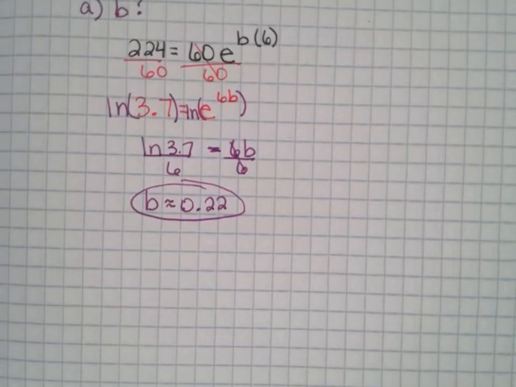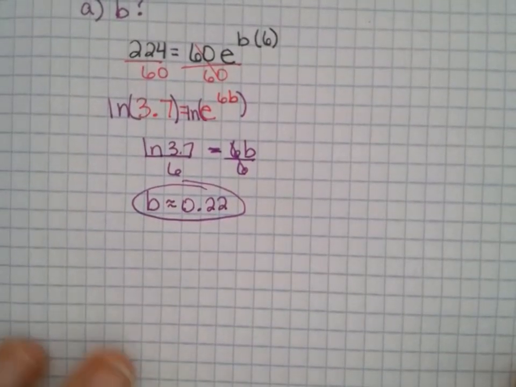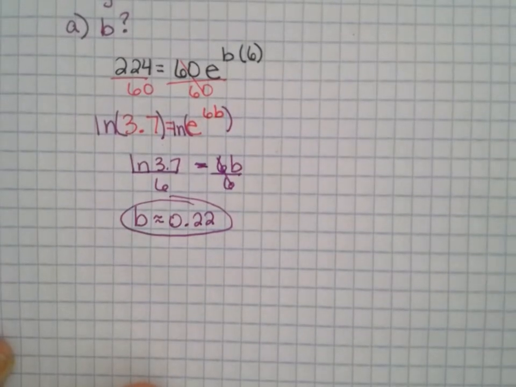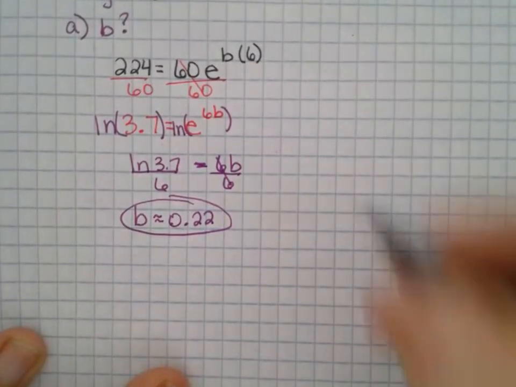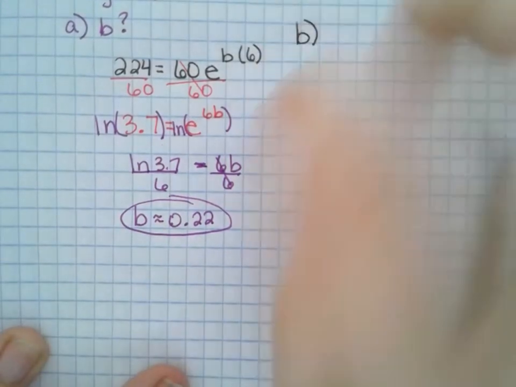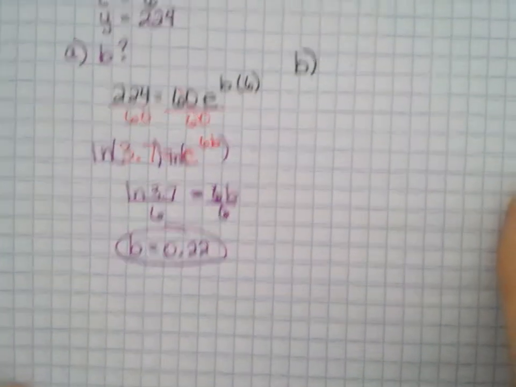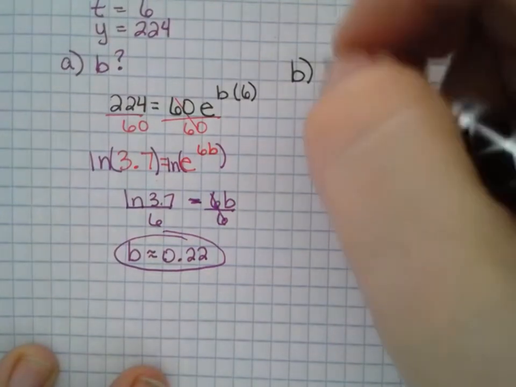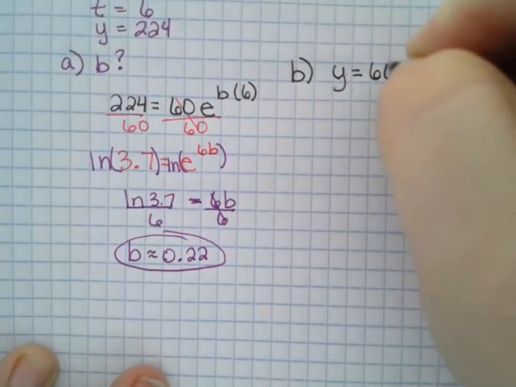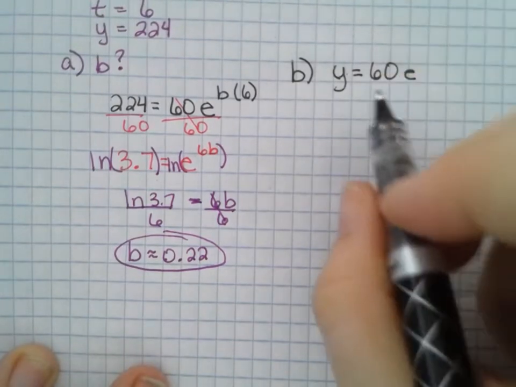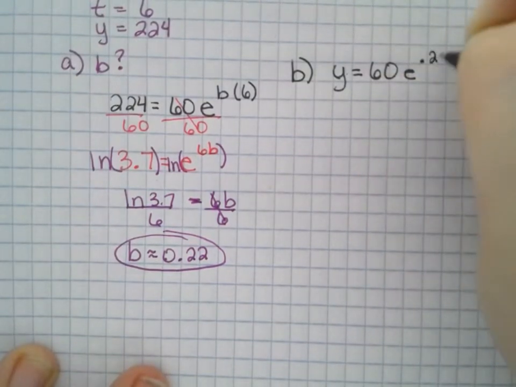Okay. So then it'll say, like, write a model to describe this situation. All that means is now that you have b, write your general equation, leaving y and t alone. So y equals my initial amount, which was 60, e to the, now I know b to be 0.22, t.